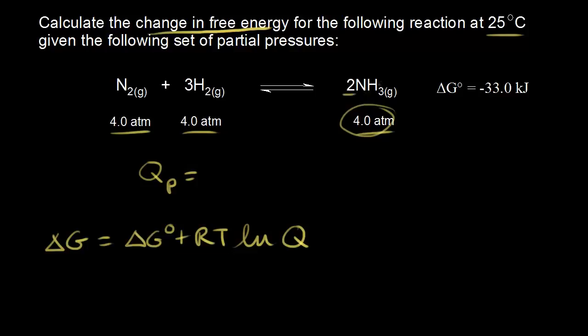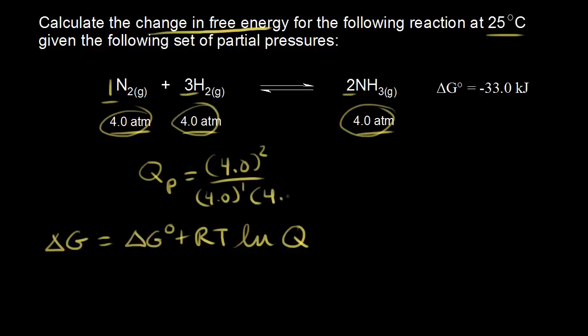This would be 4.0 to the second power, so 4.0 squared, over 4.0 to the first power, times 4.0 to the third. 4.0 squared is 16 over 4 times, let's see, 4 cubed is 64.